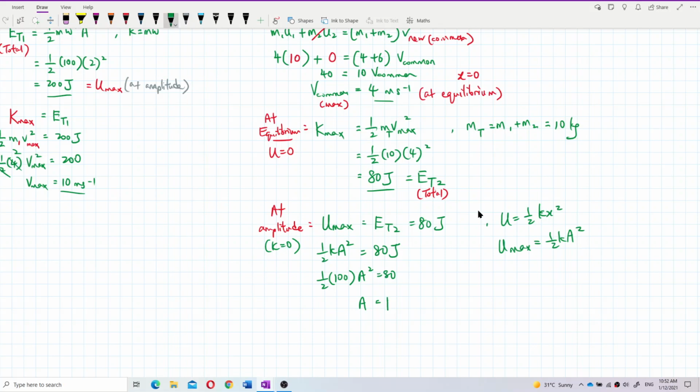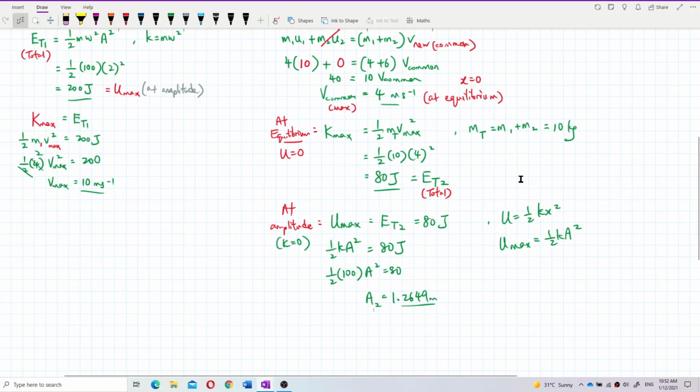The new amplitude is 1.2649 meter. That's the new amplitude, A2.